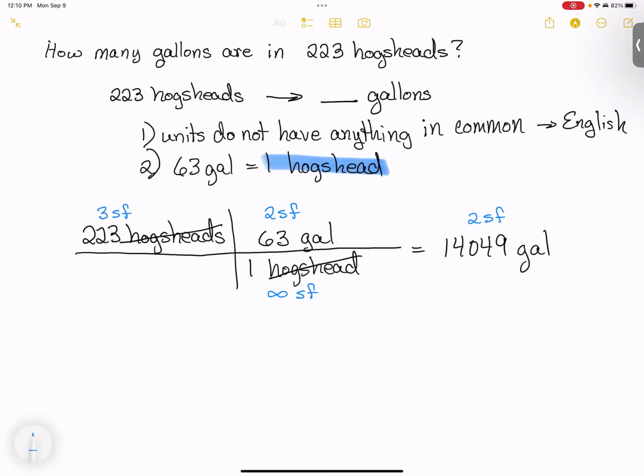Now, if it's only allowed 2 significant digits, then I'm allowed only the first 2 numbers here. But 14 is not the same thing as 14,000. So you have 2 possibilities on how you write your answer. You can write it as 14,000 with no decimal.